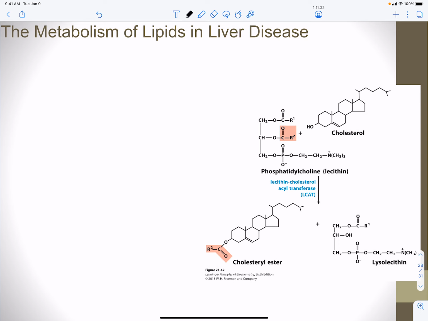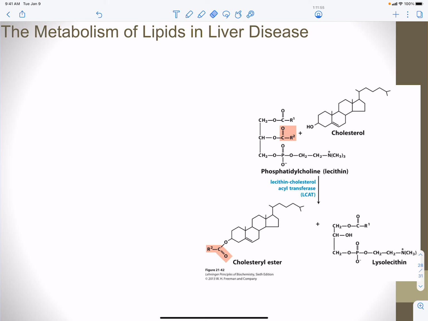Now, when you have liver diseases, such as chronic parenchymal liver disease, you're going to get changes in plasma lipids as well as lipoproteins. Some of these are related to a reduction of lecithin cholesterol acyltransferase, or LCAT.